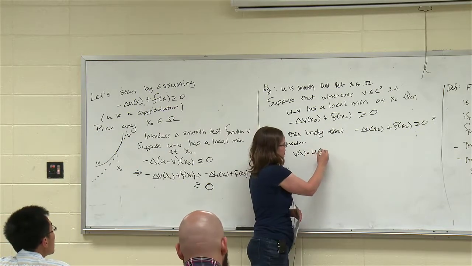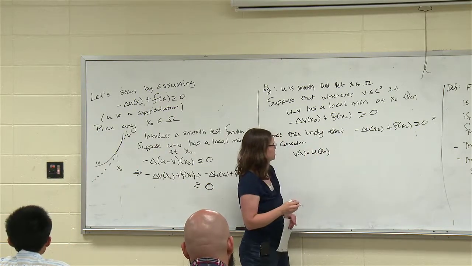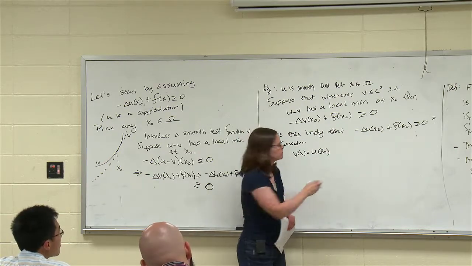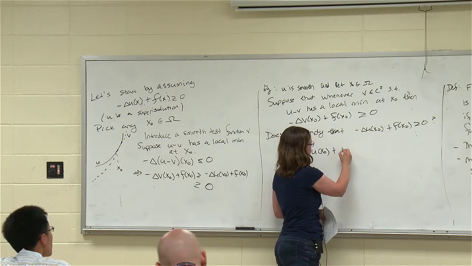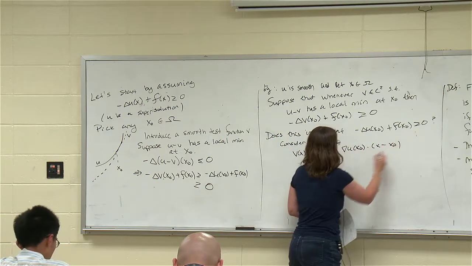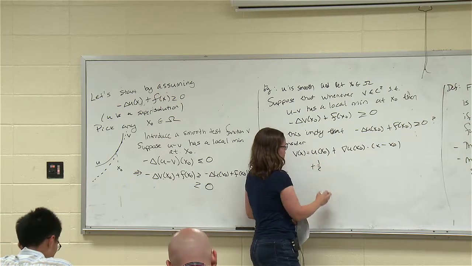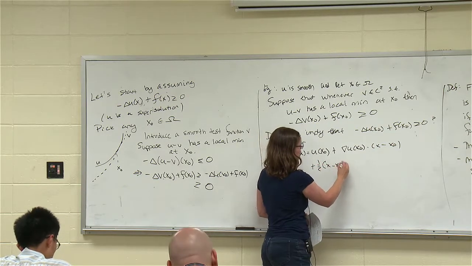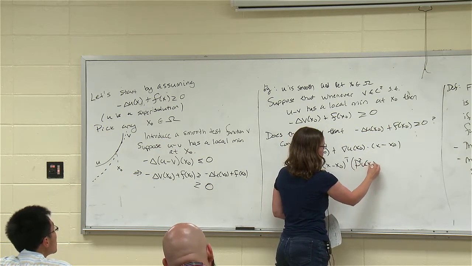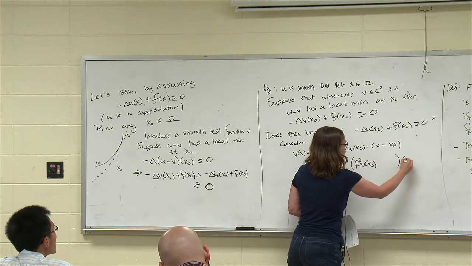So let's do a second order Taylor approximation with a little twist, plus a gradient of u dotted with x minus x naught, plus 1/2 x minus x naught transpose D squared u of x naught, x minus x naught.